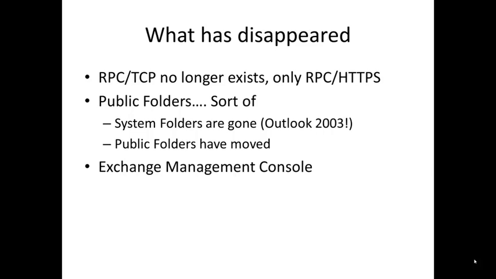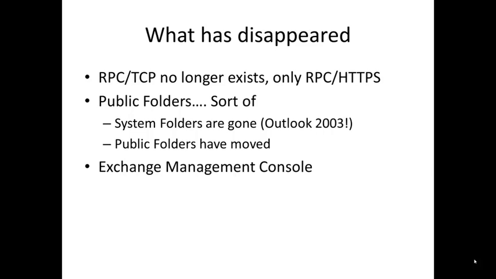Some parts have disappeared. The traditional MAPI or RPC over TCP is no longer available. The only mechanism used for Outlook clients is RPC over HTTPS. Public folders have also disappeared, sort of. The traditional system folders are now fully gone. And this has a major impact if you are using Outlook 2003 because they rely on the system folders in public folders.